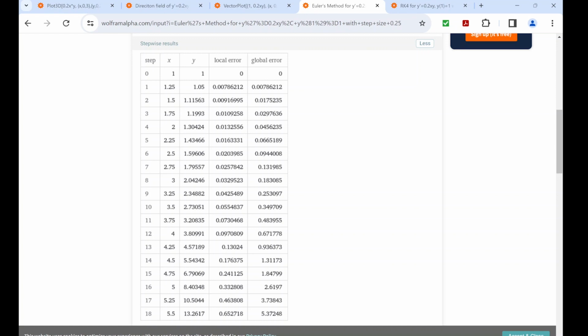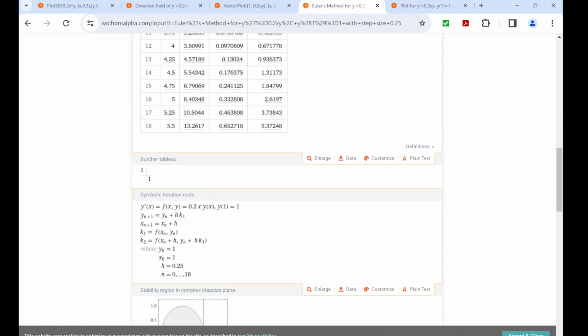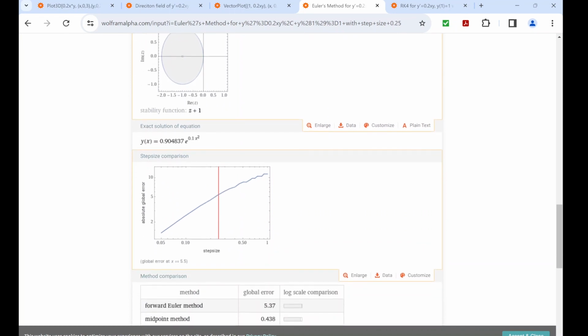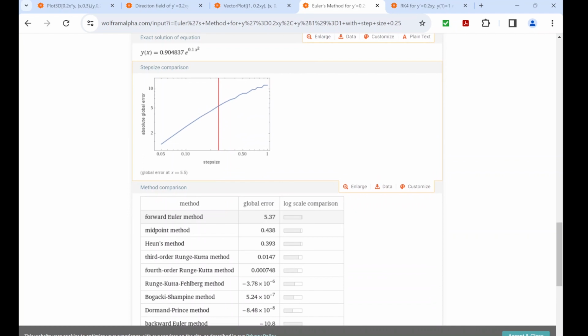And so here you get various approximations using the step size above. And something to point out here, it even gives you the exact solution there. We wrote it in a little bit of a different way.